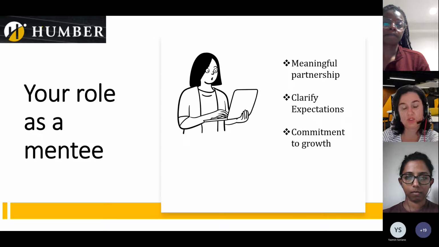So these are those small successes that mentors want to hear from their mentees. And your role is to try your best to create those meaningful relationships, to be professional, and to have the commitment to growth by doing what we outlined.